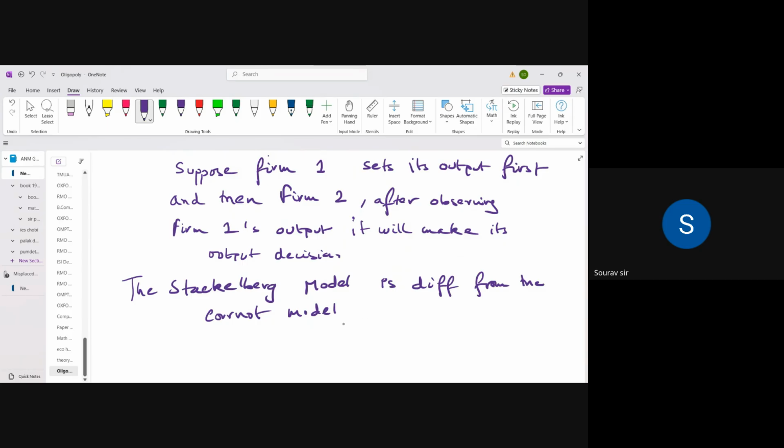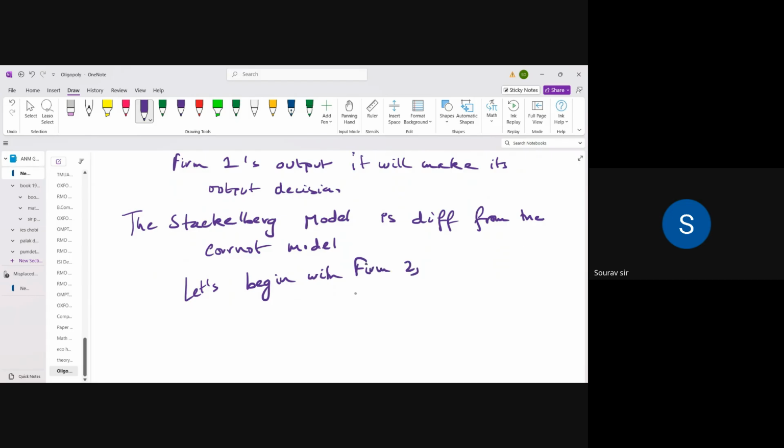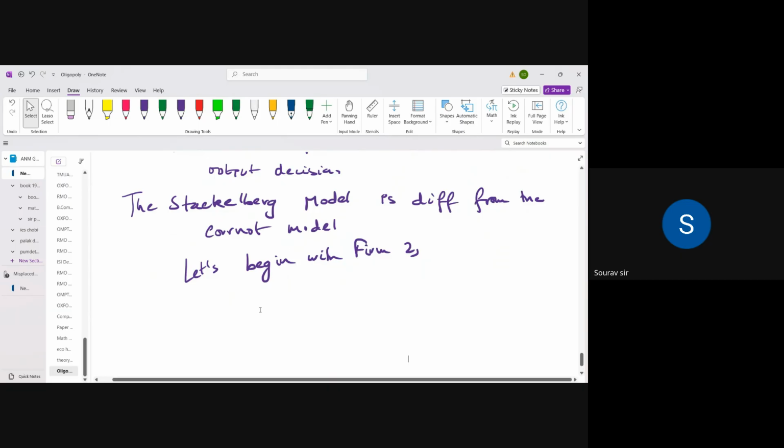So now let's begin with firm 2. Because it makes its output decision after firm 1, it will consider firm 1 as fixed.